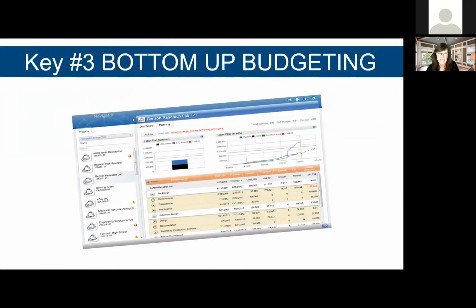So number 3, bottom-up budgeting. The reason this is so important is that in order to have a great scheduling process, and we're going to talk about scheduling processes in a few minutes, but in order to have a decent scheduling process, you have to plan your projects. You have to plan out every project in terms of what is going to be required, how many hours it should take, and when it's going to happen.